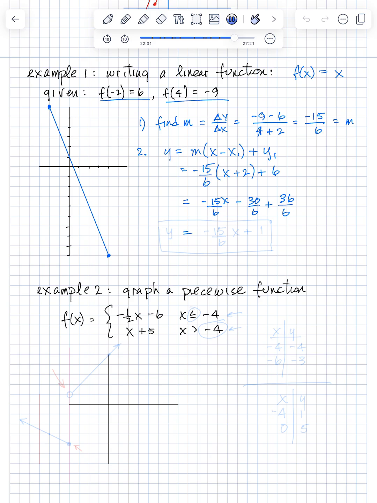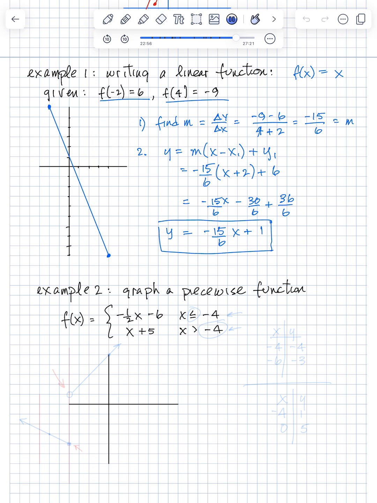So that's going to be -15/6 x plus 6 over 6, which is 1. So there's our equation. Put a box around the answer, and we're done.